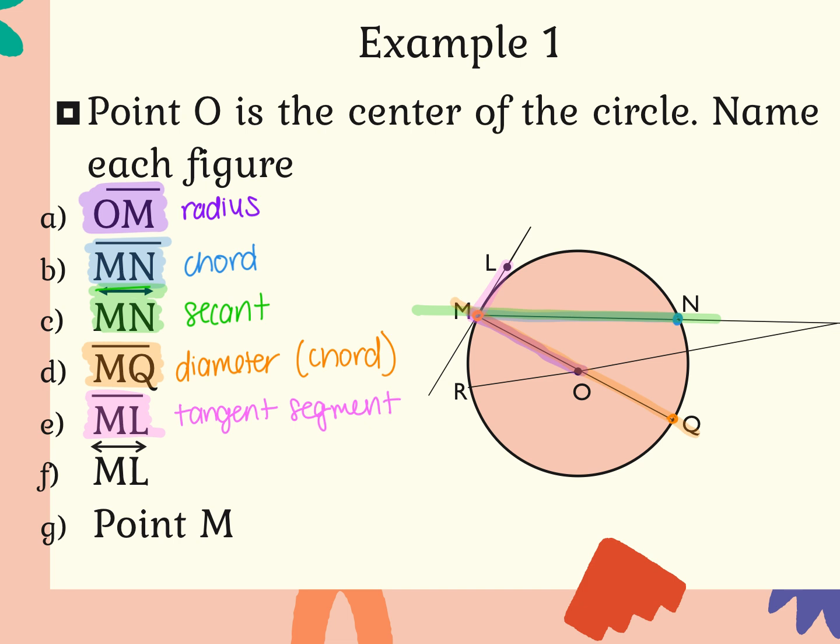And then looking at the next one, this is line ML, meaning it continues, and line NL would be called what? It's a line. It has my arrows. So this is going to be my tangent.